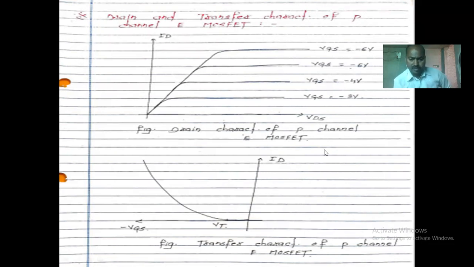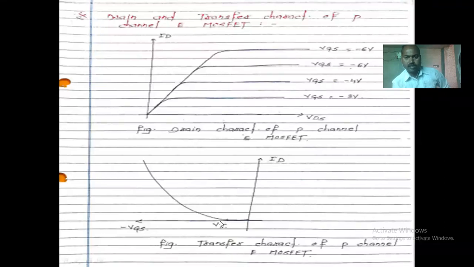Now, the transfer characteristic is the plot of drain current versus gate to source voltage. As we increase the negative voltage from gate to source, a large amount of current flows through the device.